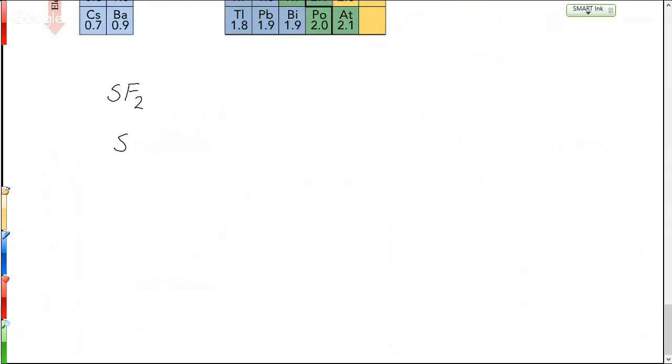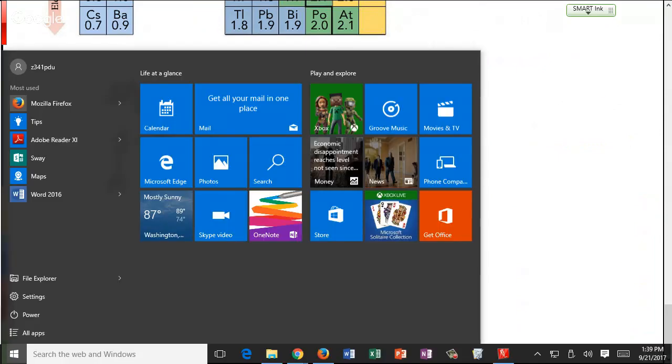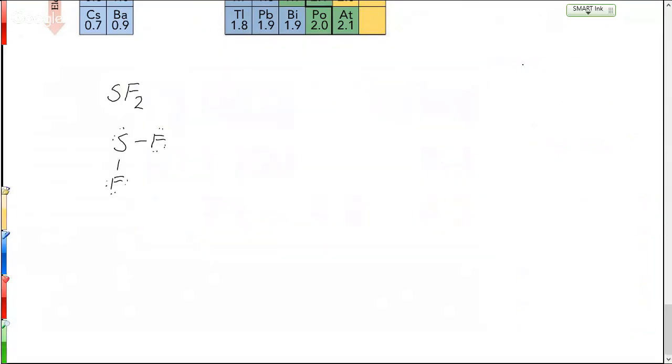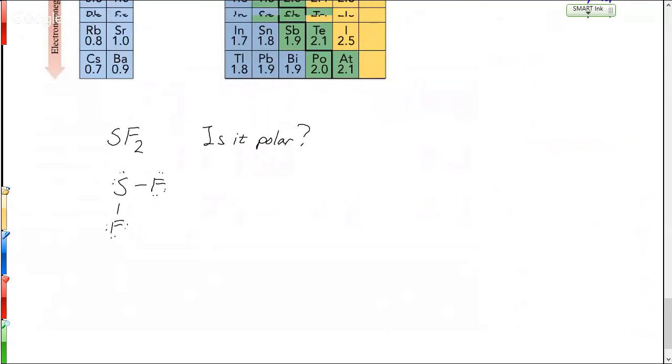We look at the SF2 compound and we say, well, is this compound polar? There's a couple things that we need to do to figure that out. The first thing to do is to look at the individual bonds and figure out the difference in electronegativity.